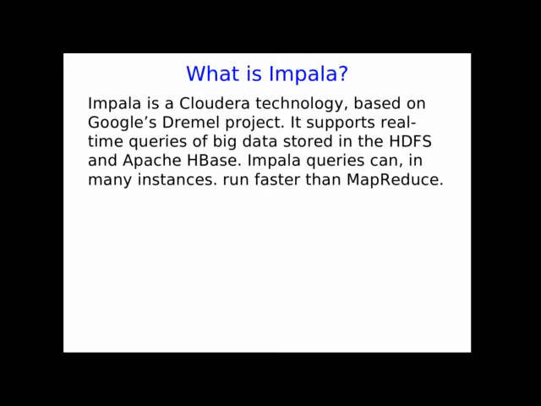Impala is exciting because not only is it a real-time technology, but it also can, in particular instances, when the data set is right, and there are actually quite a lot of these, run faster than the same type of MapReduce queries. This pretty much occurs because MapReduce has a really big overhead.